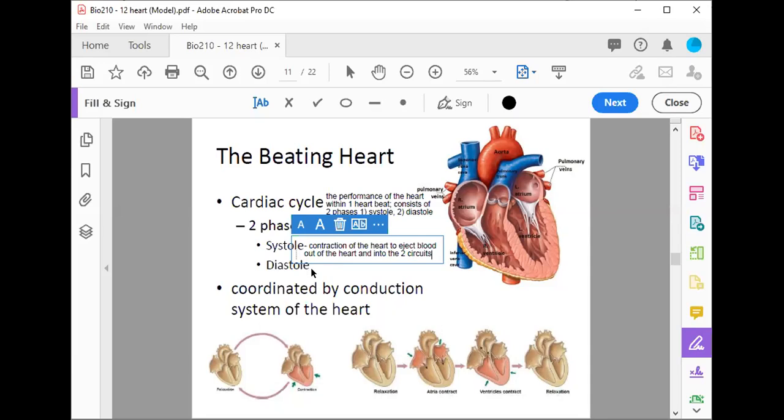Diastole is the phase in which you have relaxation of the heart as blood returns back into the heart from the two circuits.